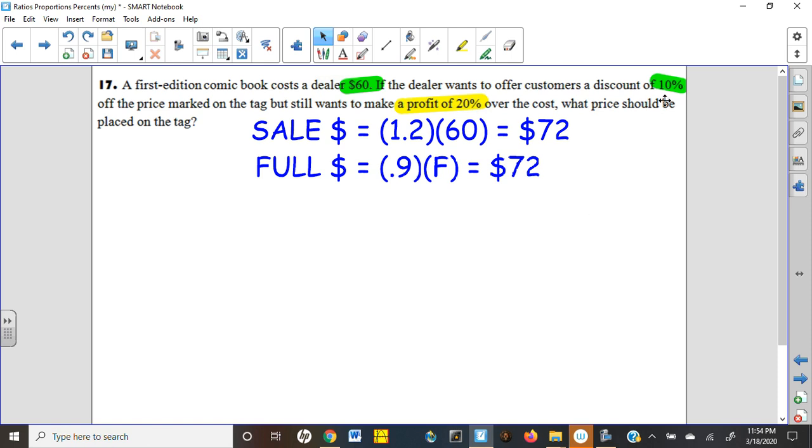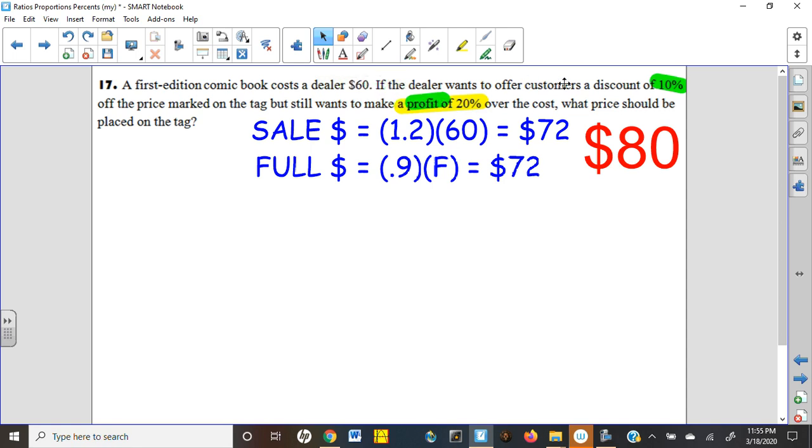If we're saving 10%, then that means we're paying 90%. And if you divide by 0.9 here, 72 divided by 0.9, we're going to get $80. So $80 is the magic number. We can discount the book by 10% down to 72, which would still allow the dealer to make his 20% profit.